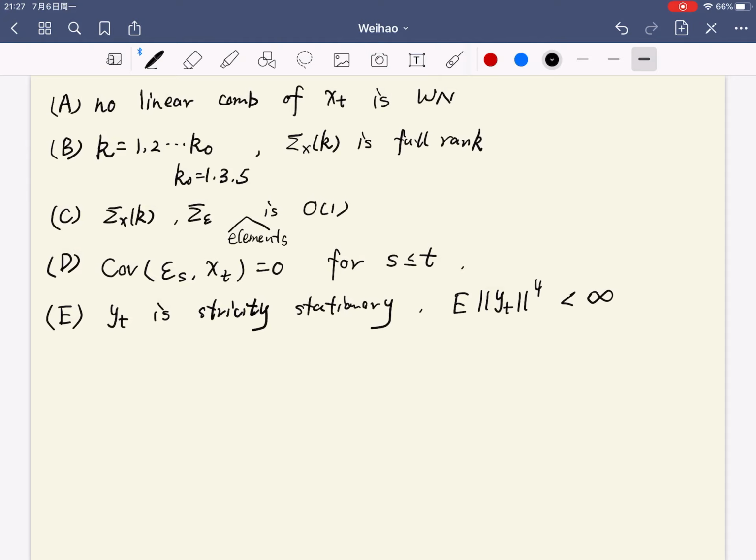Next, we can see how the non-uniqueness of A or Q provides the flexibility for our estimation.